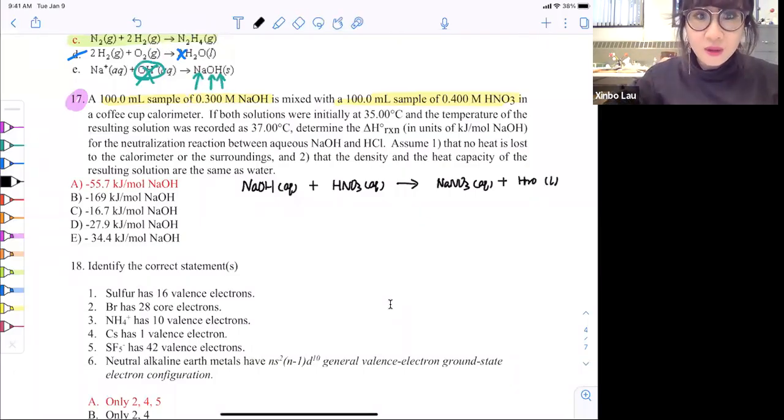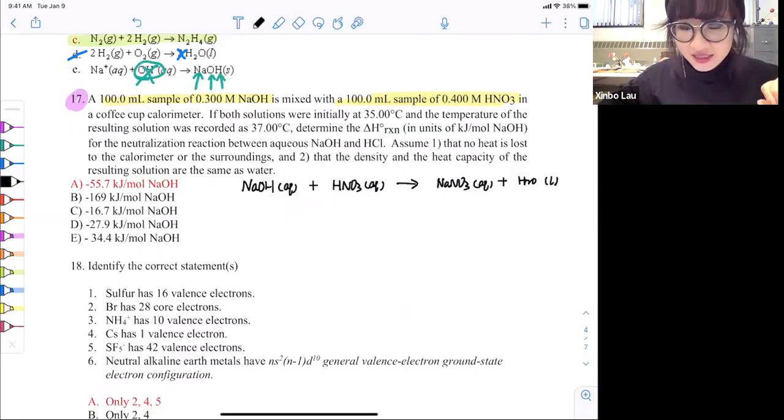Then you go, now what? Before, when we looked at the example question, I gave you a similar type of question. For that question, you had equal moles of the acid and base, and we know it's a 1:1 ratio. So they react stoichiometrically perfectly with each other, consume each other, and completely neutralize each other.